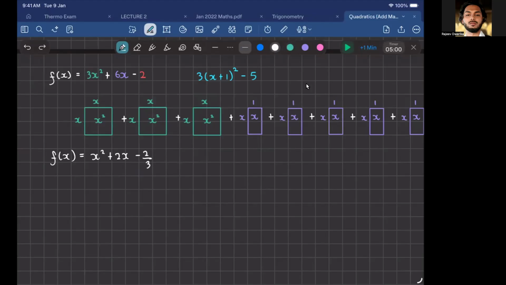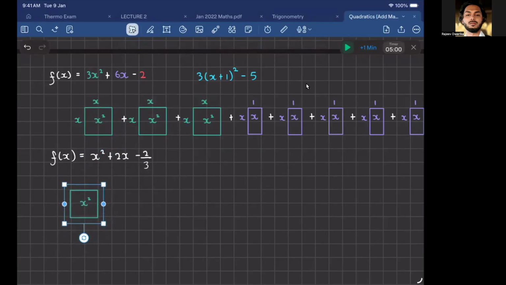Again, I'm not sure how correct this is, but we will see. So x squared, that would just be 1 square. 2 x's, that would be 1 here and 1 over here.